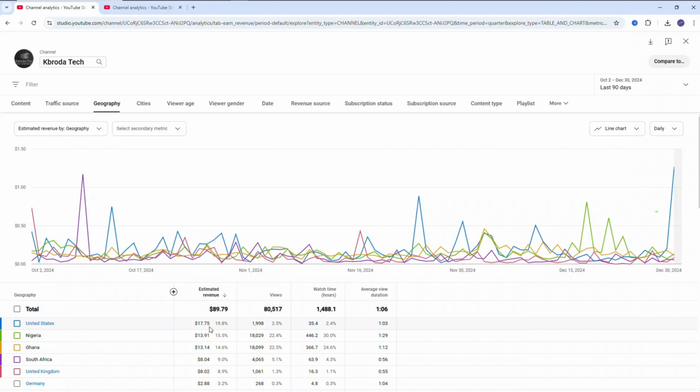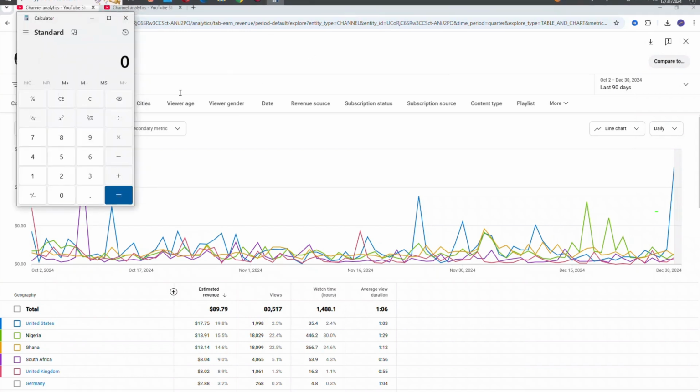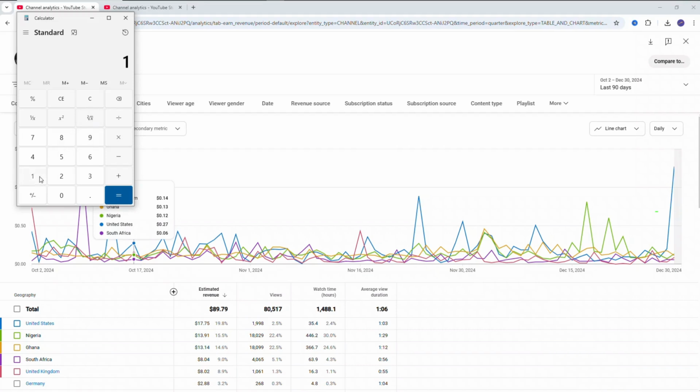So to calculate this, let's hop on our calculator. They are saying I got $17.5, so divided by 100. And they are saying they are going to take 30% because I'm outside.